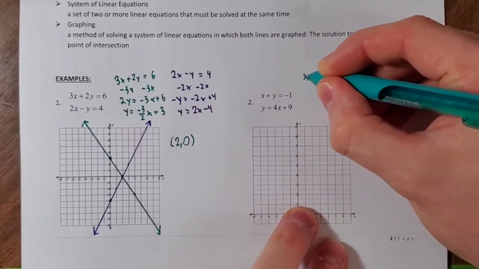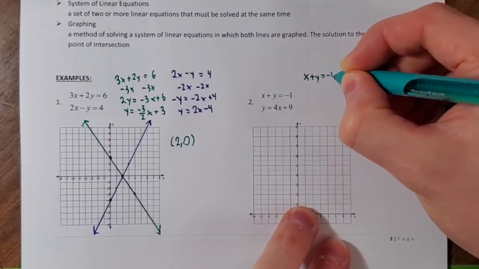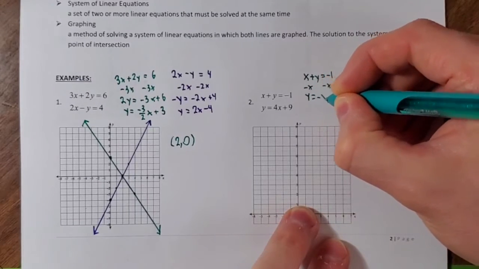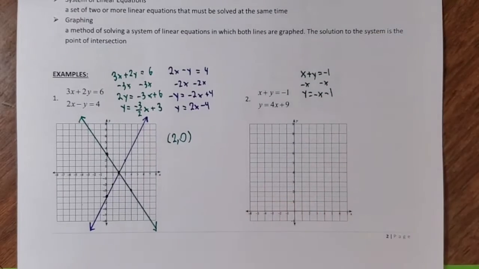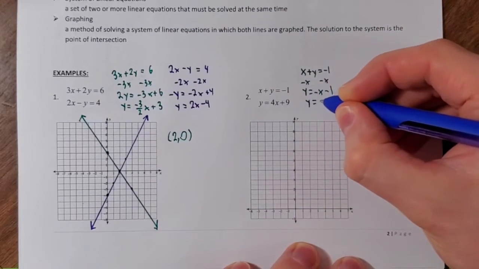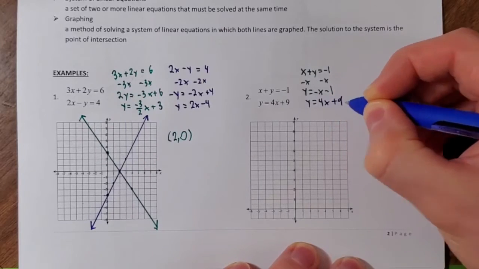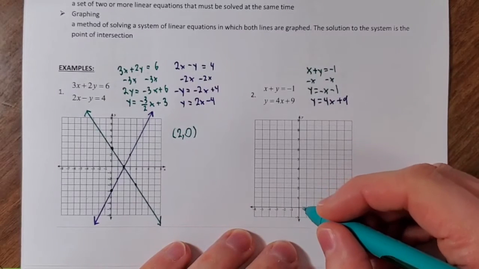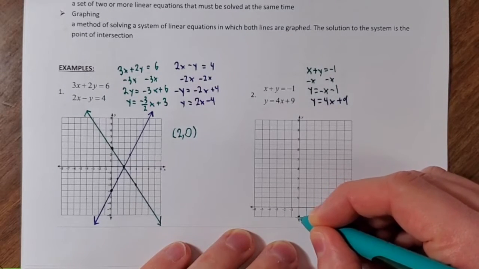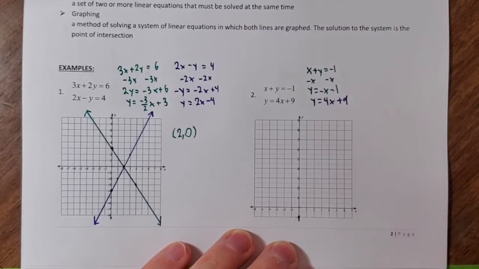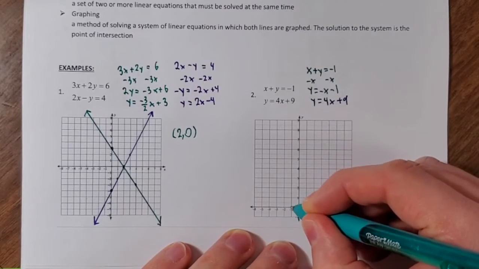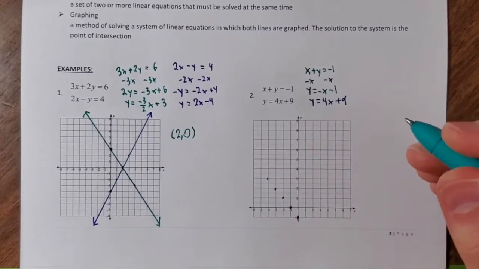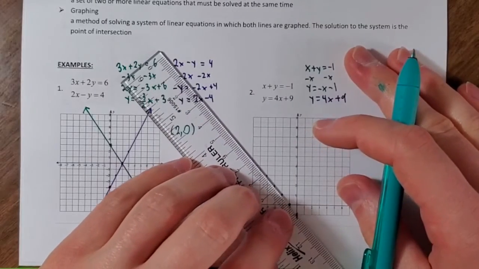So for our first equation, let's rewrite that in slope-intercept form again. And our second equation is already given to us in slope-intercept form, so I'm going to go ahead and leave that one alone. But now let's plot our two equations here. So starting off with an intercept of negative 1, and then we're going up 1, to the left 1 to give us that slope of negative 1. Gives us that downward slope of 1.